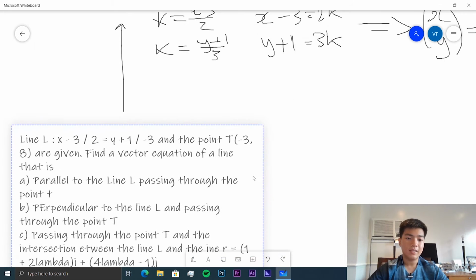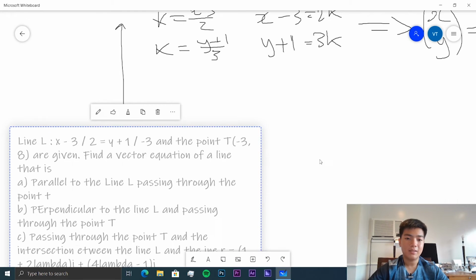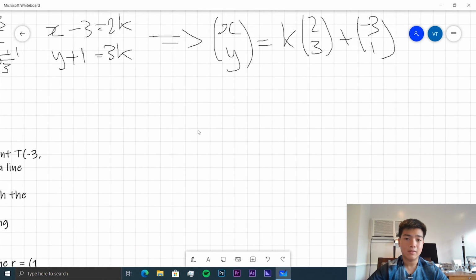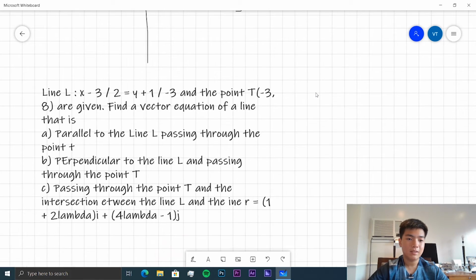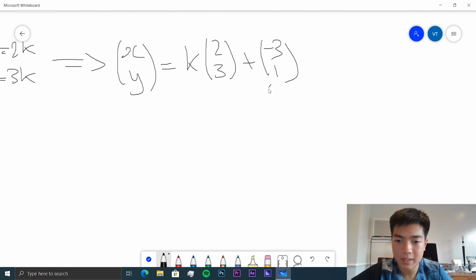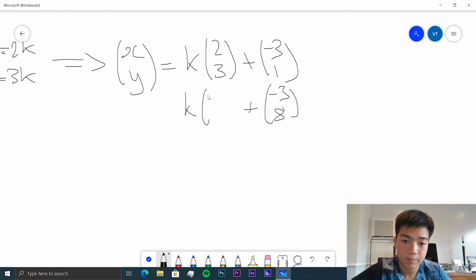Vector equation of a line that is parallel to the line and passing through the point T. So if it's parallel to the line, it has the same direction vector, and the point T is (-3, 8), so we can simply substitute (-3, 8) in here. This is the first line.